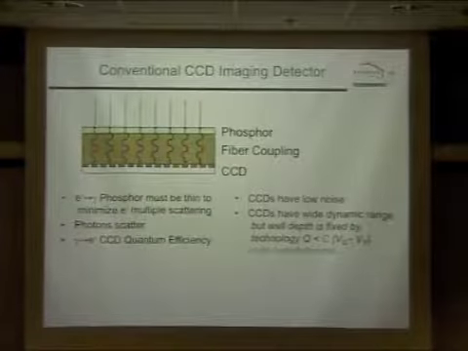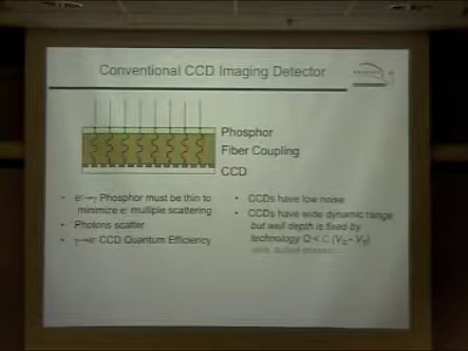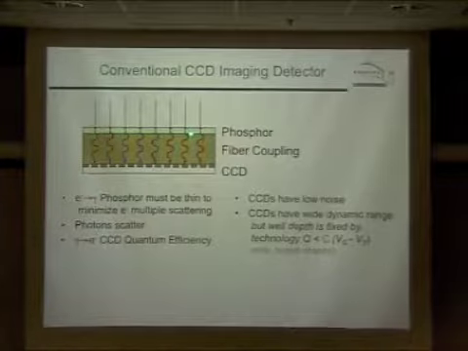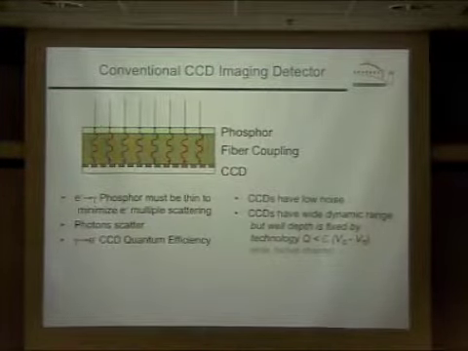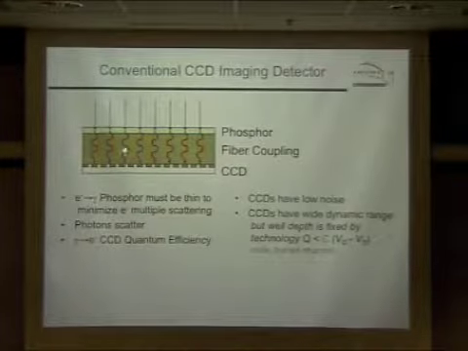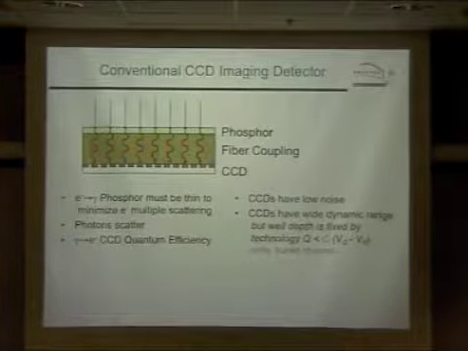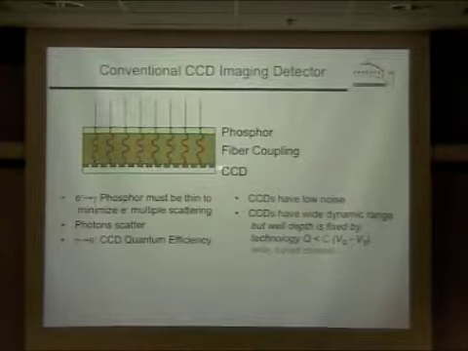So, another picture of a CCD. Here there's a scintillator that absorbs electron energy and converts that energy to light. And that's channeled through fiber optics, usually down to the CCD level.